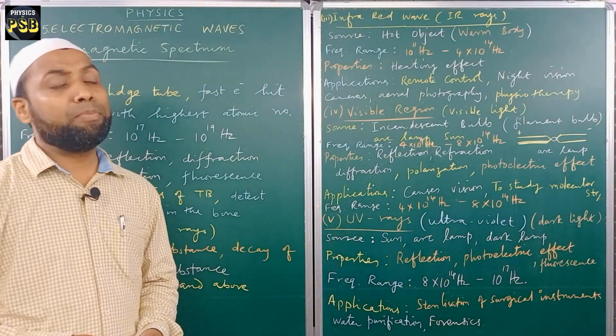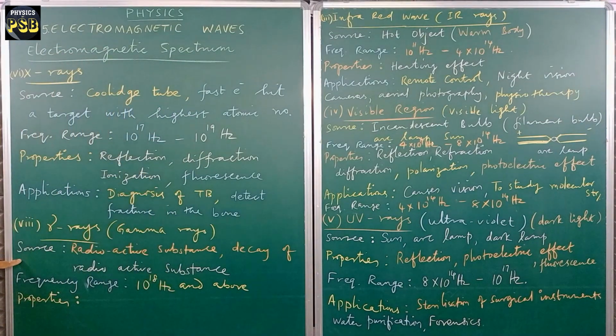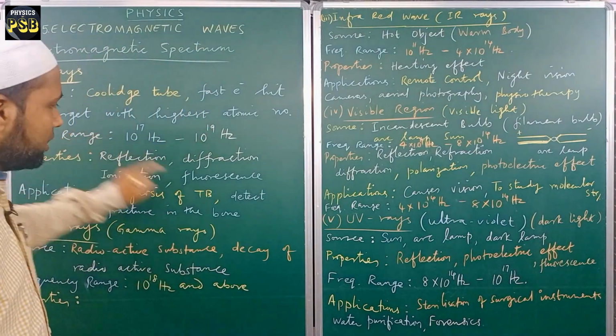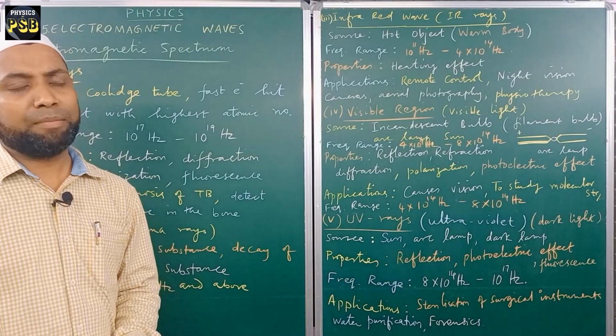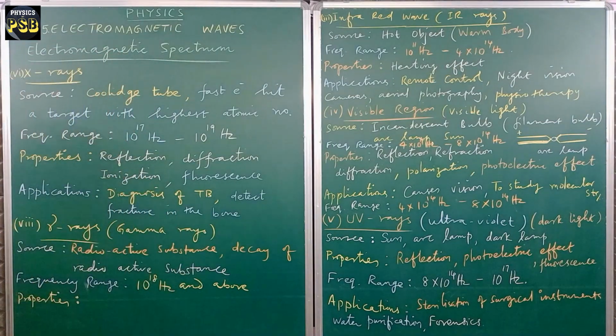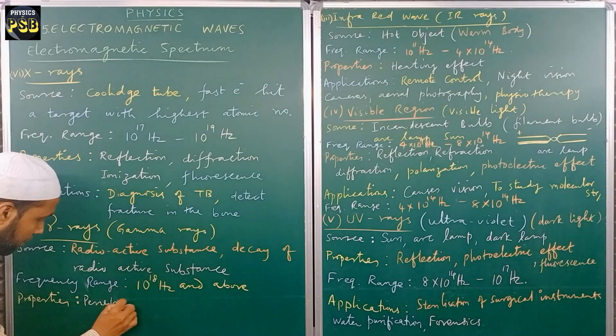It has highly penetrating power. The penetrating power of gamma rays is more than that of X-rays and UV rays. Now, both X-rays and UV rays also show a penetrating property. They can pass through many substances very easily. But here the penetrating power of gamma rays is very high compared to X-rays and UV radiation.